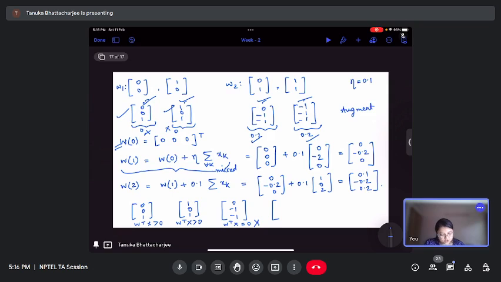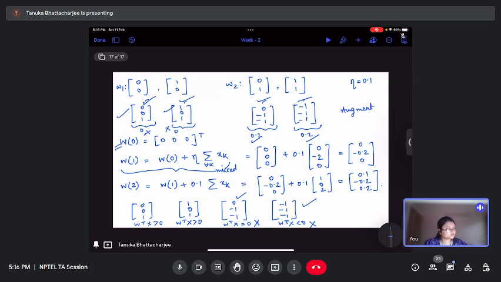And for the last one, minus 1 minus 1 minus 1, this is also less than 0: minus 0.1 plus 0.2 minus 0.2. This is also wrongly classified. So again you will have to do the update, but this time you will just add these two samples.